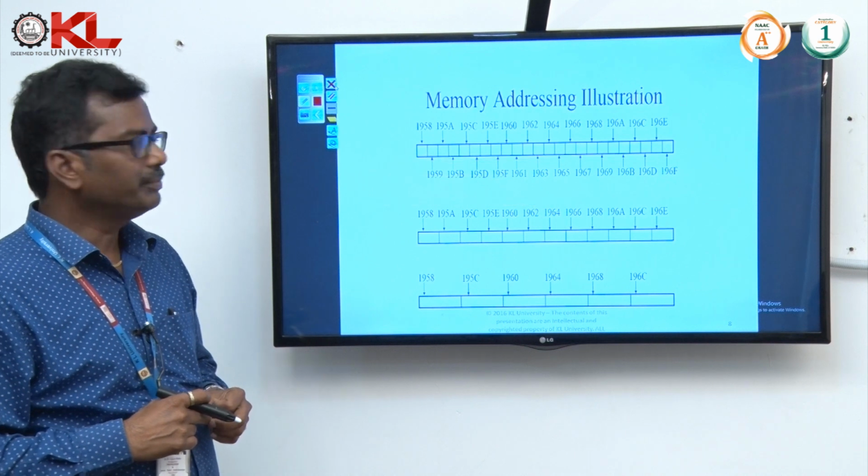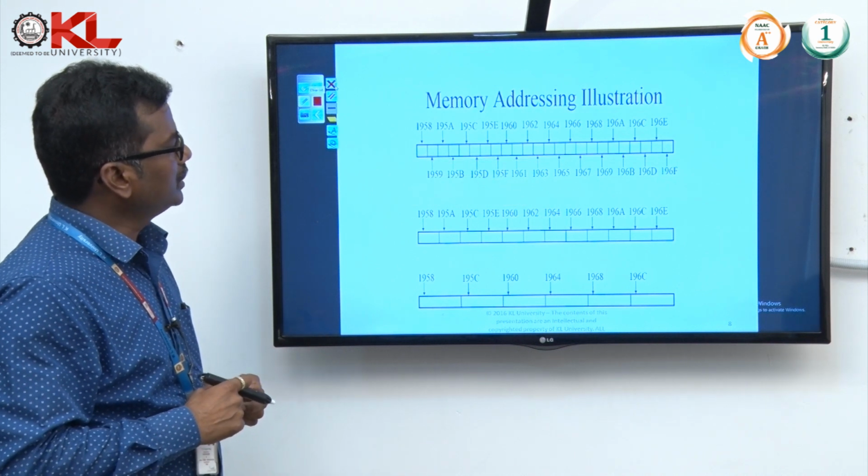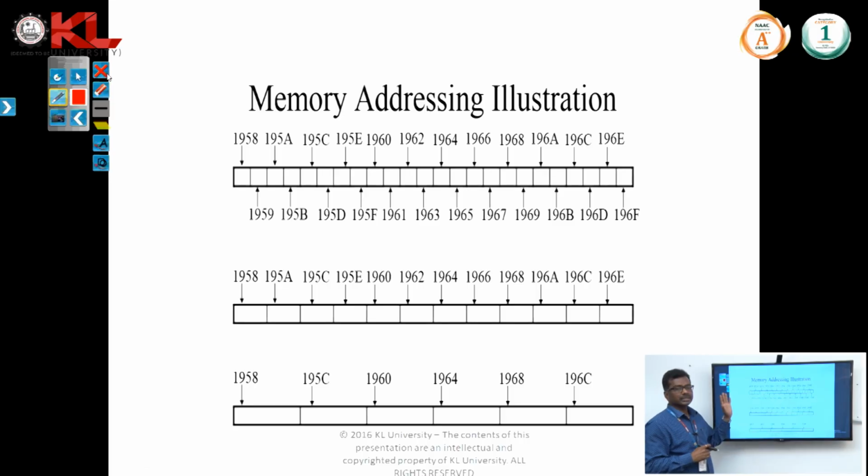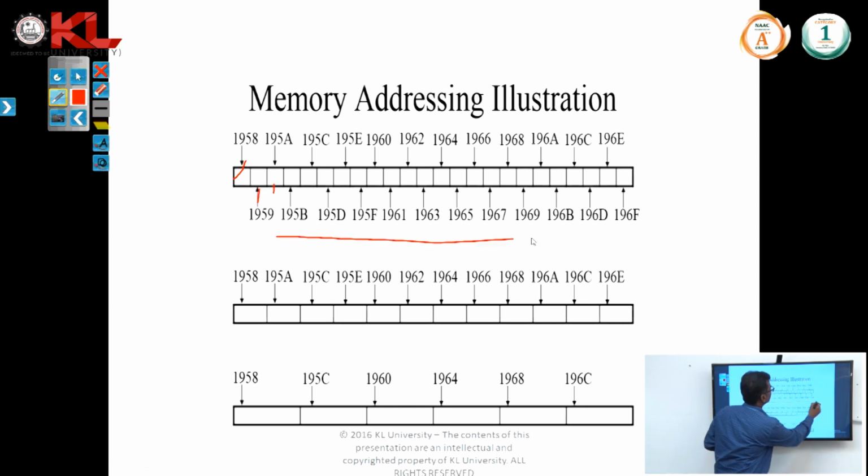For example, if you consider this diagram, various address locations are mentioned. You can see, starting from here, 1958, 1959, and then 195A, 195C, and so on.